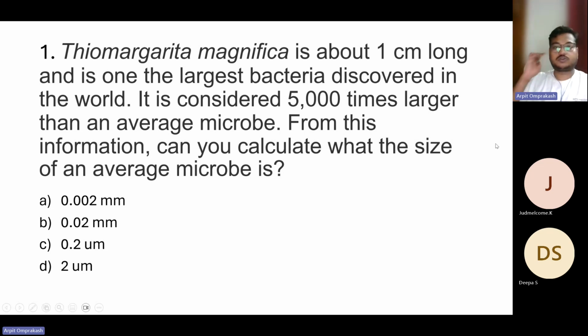Right. So it is mentioned that the size of this bacteria is about 1 centimeter. And it is considered 5,000 times larger than an average microbe. So the size of an average microbe should be 1 centimeter, the size of this, divided by 5,000, because it's 5,000 times the size of an average microbe, right?